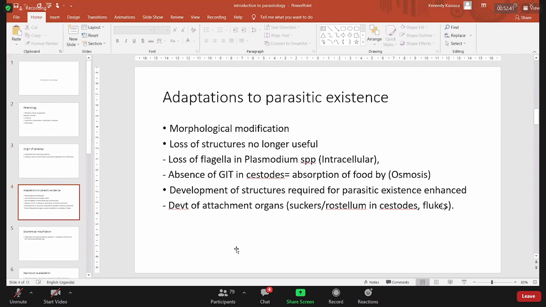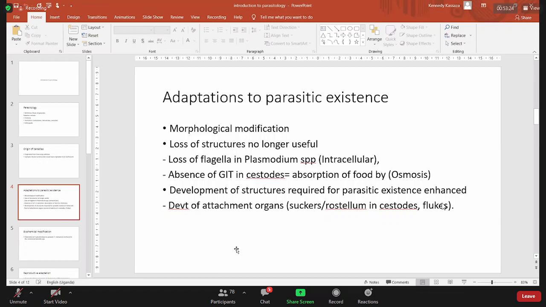So for a free living organism to change into a parasite, it had to undergo many adaptations, and these included morphological modifications. For example, for those free living organisms that had limbs or structures for motility, they found that in the parasitic life, those motility structures were no longer useful.